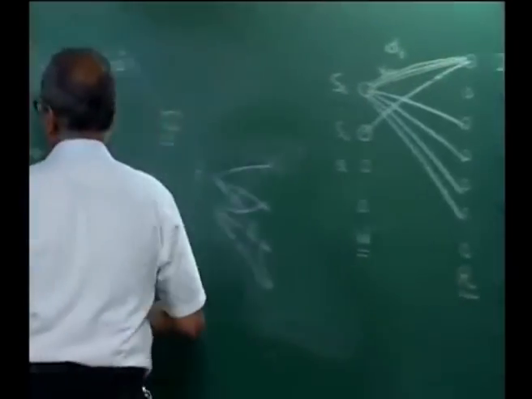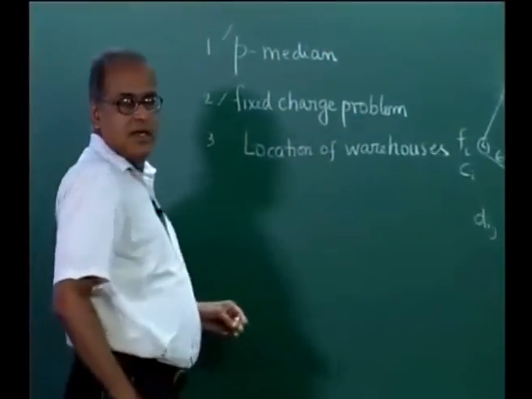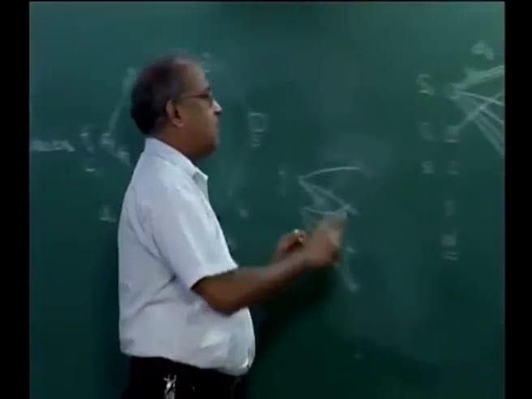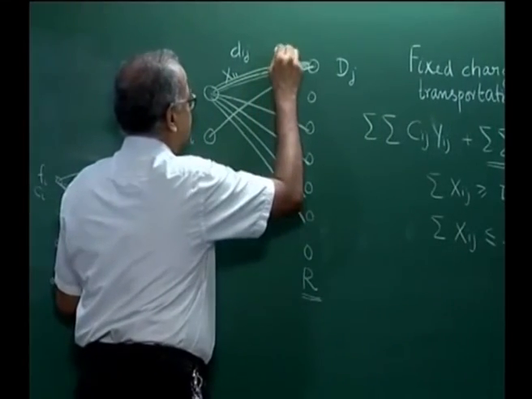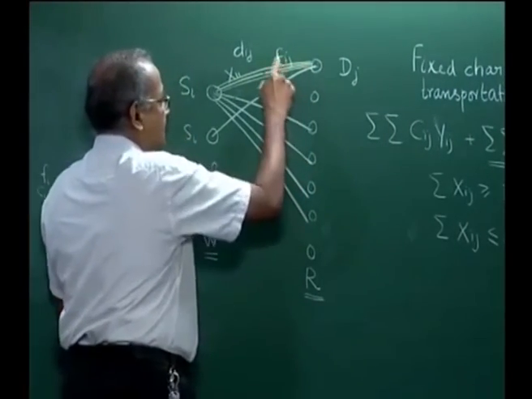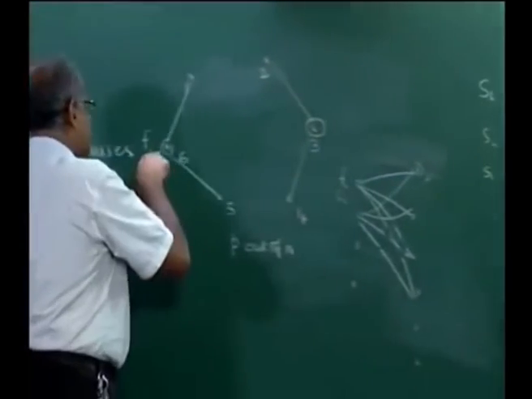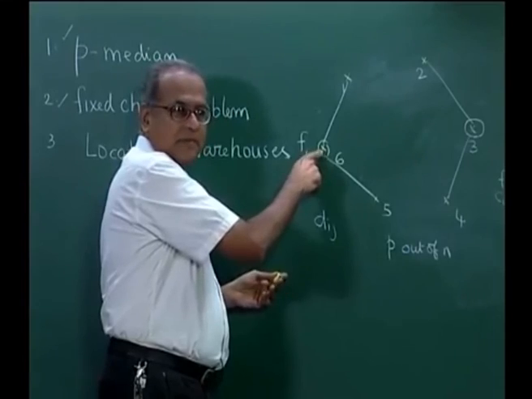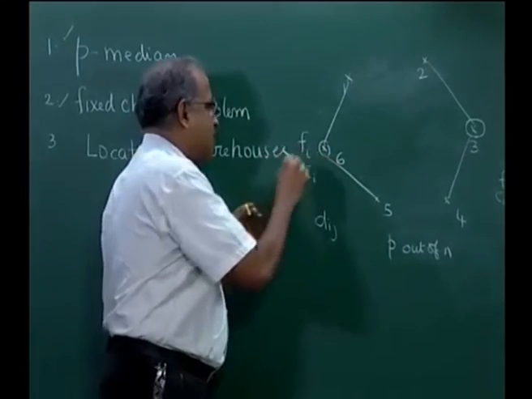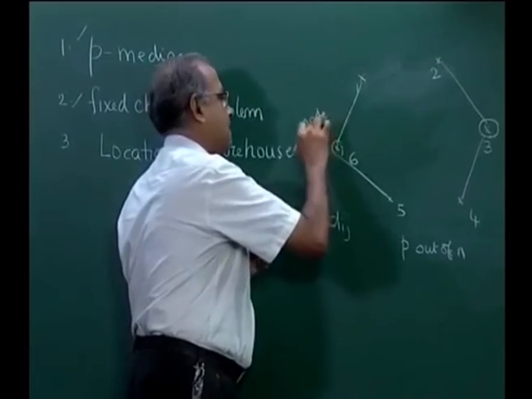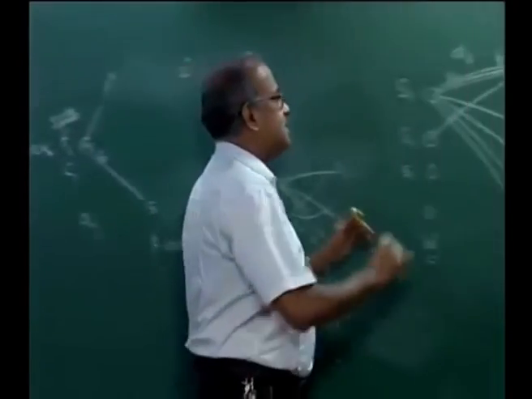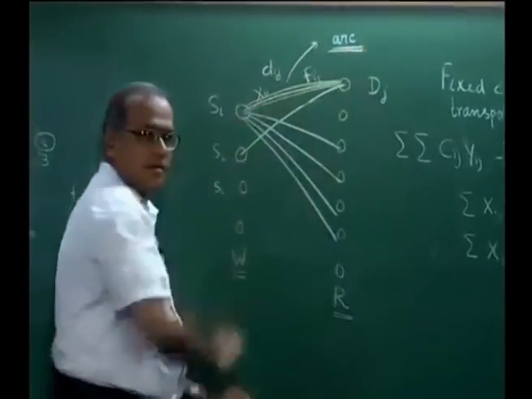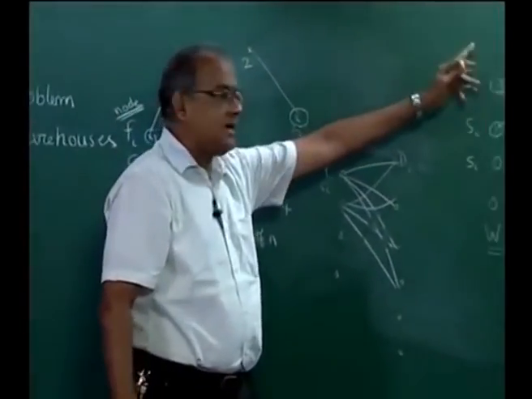It is different from the fixed charge problem. The difference comes from the fact that in a fixed charge transportation problem, there is a fixed charge Fij between i and j, whereas in a fixed charge problem there is an Fi associated with this i. Now, in the fixed charge problem, the fixed charge is for a node, and in a fixed charge transportation problem, the fixed charge is for an arc or an edge that connects i and j.